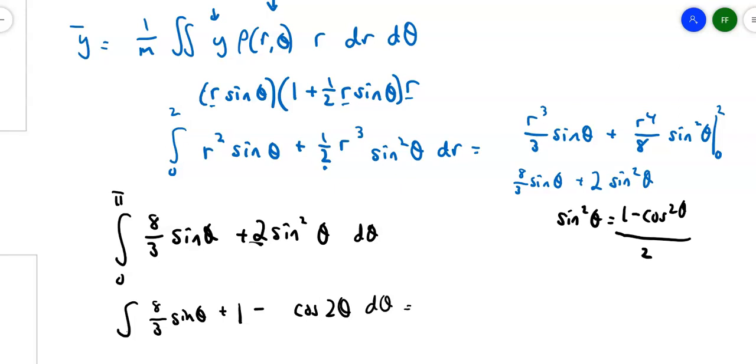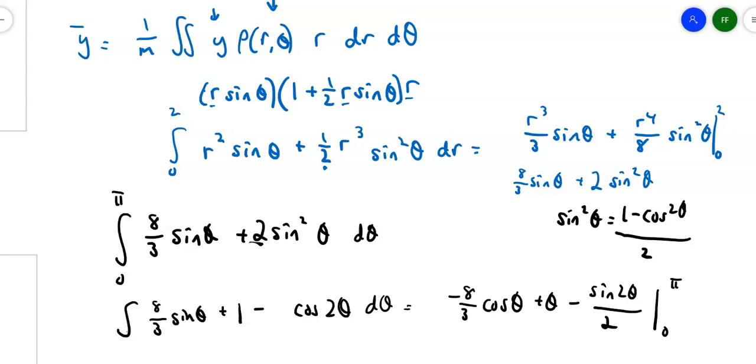All right, so there's a fraction involved. The antiderivative of sine is negative cosine. So negative 8 thirds cosine theta plus theta minus, when you take the antiderivative of the cosine 2 theta, the chain rule kicks in. So you get a sine of 2 theta over 2. All right, we're going to evaluate this at pi.